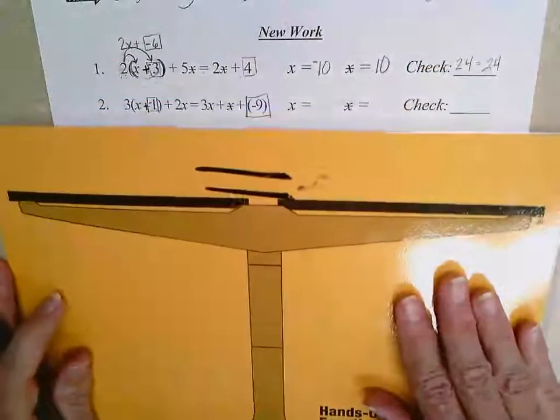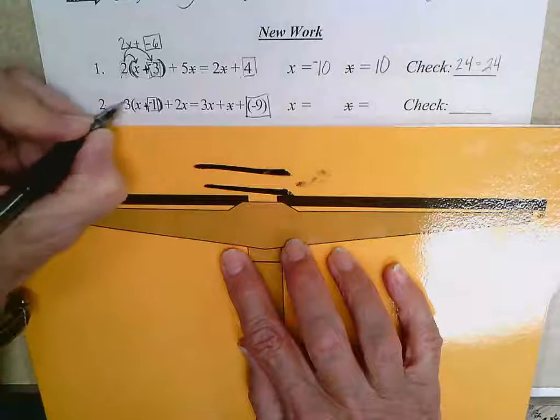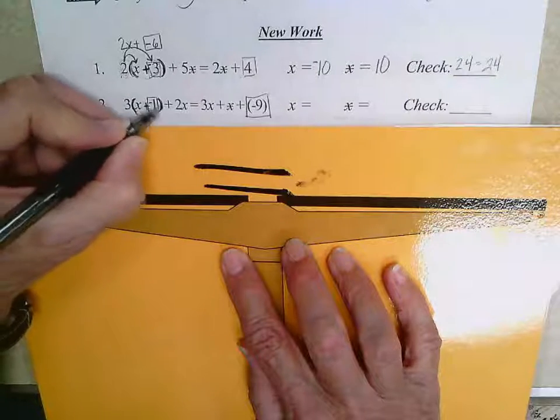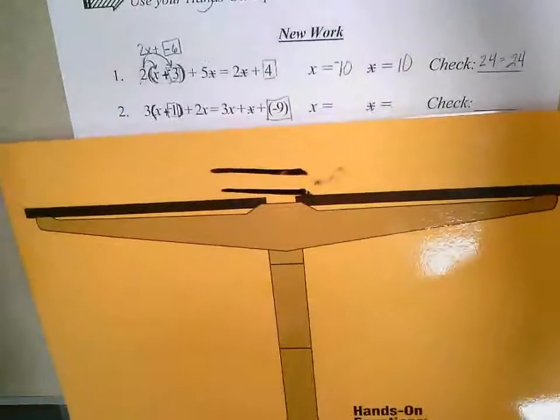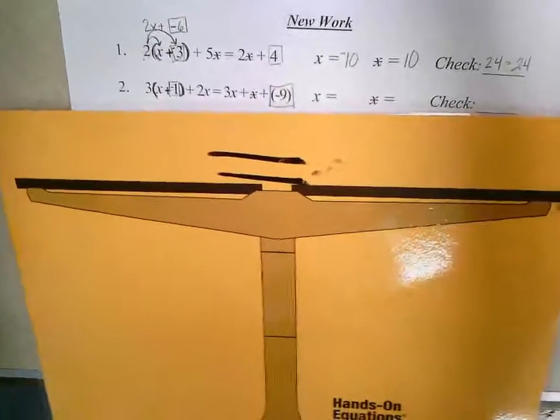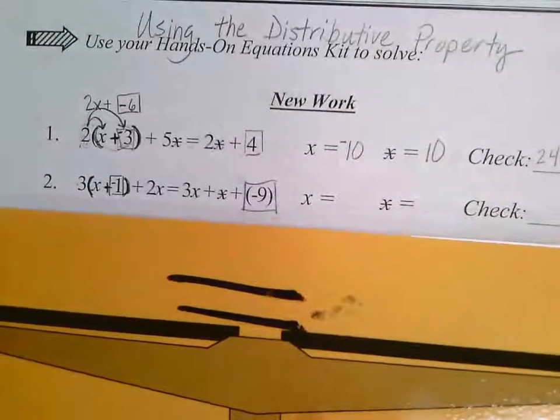New problem. Again, I have parentheses, and this time I have a 3. So that means I'm going to make 3 sets of everything inside the parentheses. I'm going to zoom in a little bit.